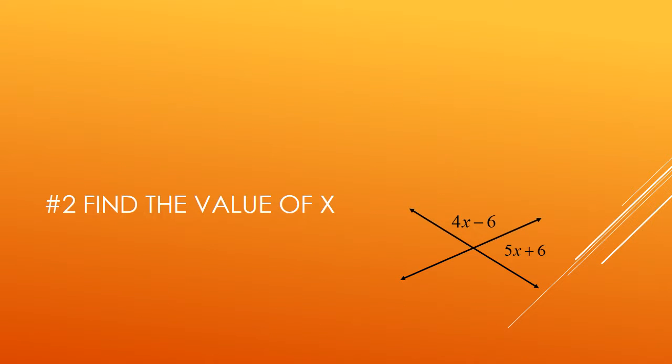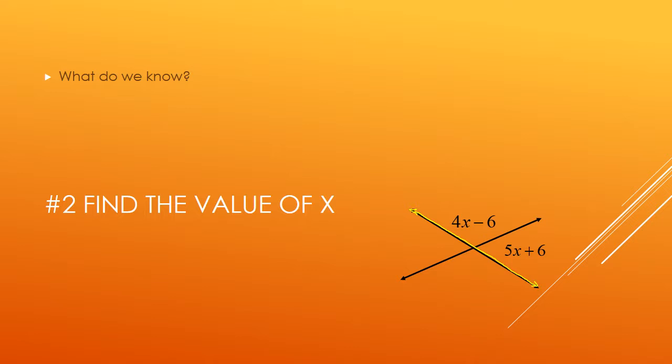Number 2 says to find the value of x as well, but now we're looking at a diagram of angles. We have 2 algebraic expressions for our angles. So what do we know? We know that 2 lines that are next to each other that form a straight line are called a linear pair. And what is special about linear pairs?